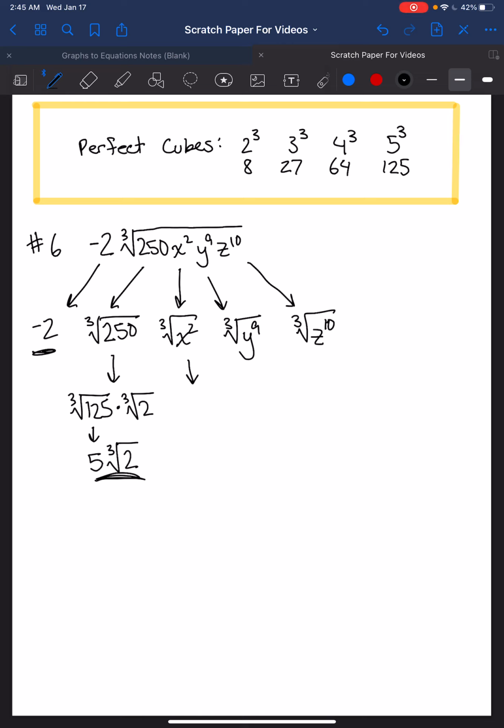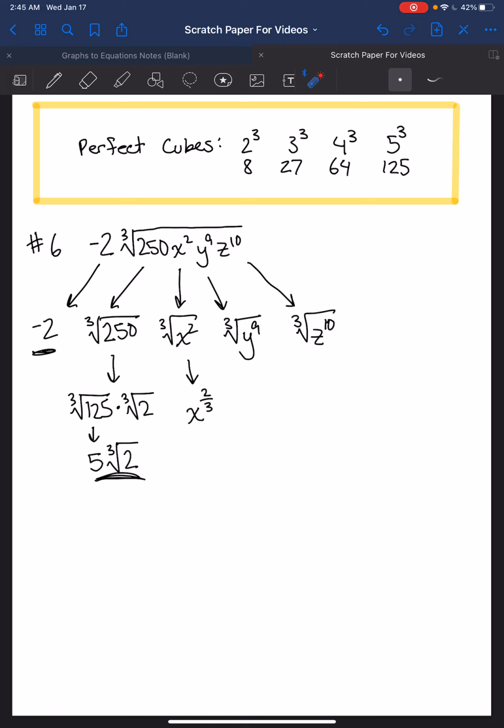All right, I'm going to do the work on a case-by-case basis here, just because some of these are nice and some of them are not, and I'm running out of space. So let's rewrite this as a fraction, x to the 2/3. Notice that I can't do any dividing here. 3 does not go into 2. 3 is too big.